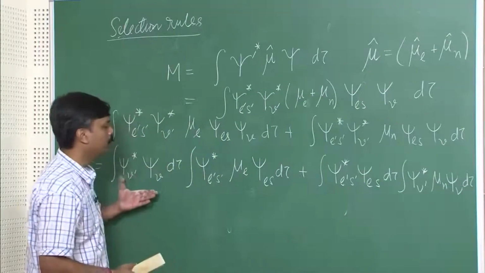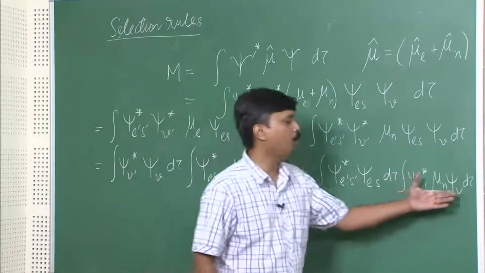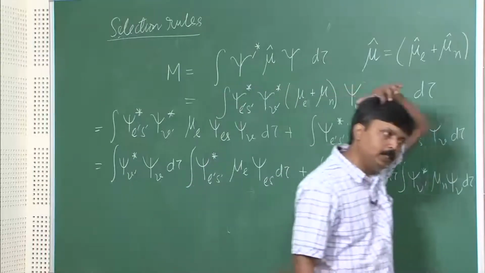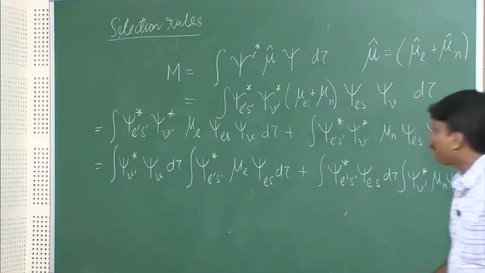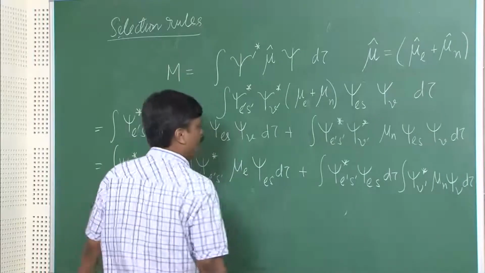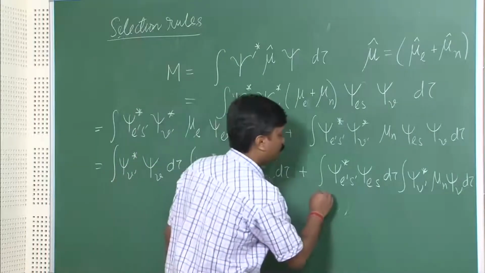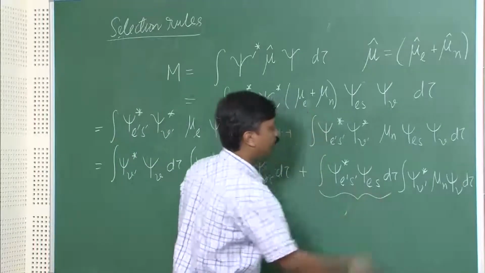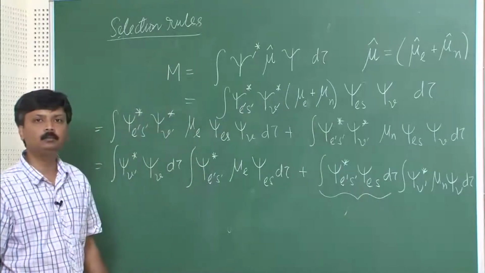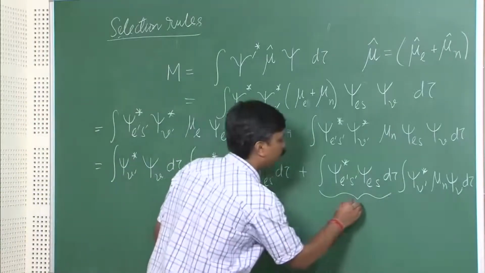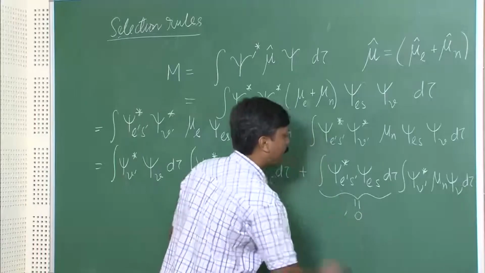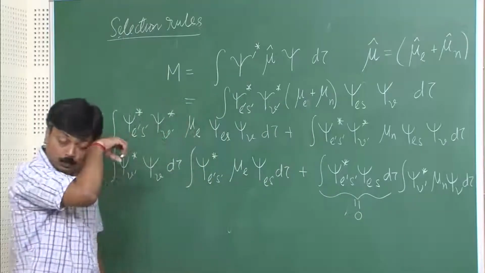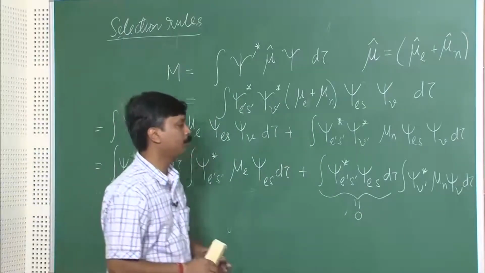So I have a total of 4 integrals here, right. So if I look at this part, it is equal to 0. Why is it so?